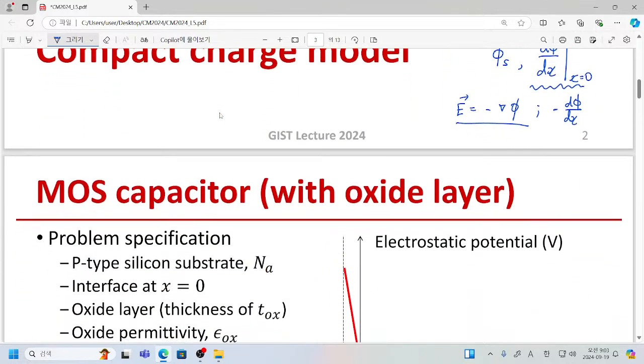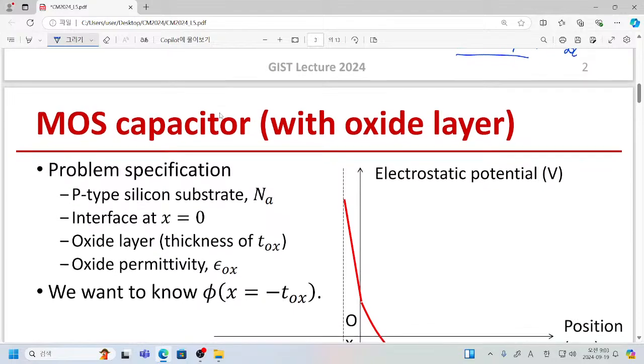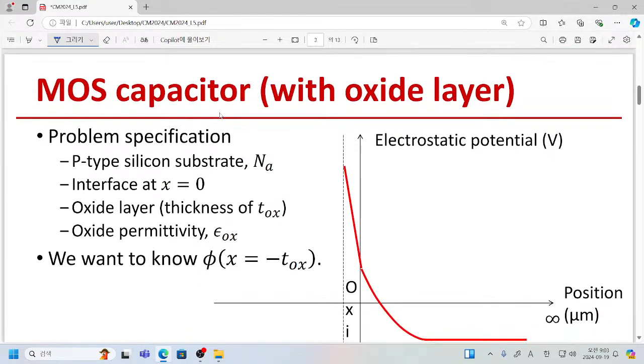I assume that all of you understand the basic MOS capacitor. In our previous lecture, we covered the MOS capacitor, but not its entire structure, only the semiconductor part. Today, we will start from the entire MOS capacitor with its oxide layer.